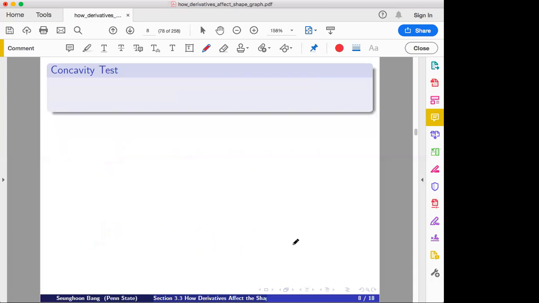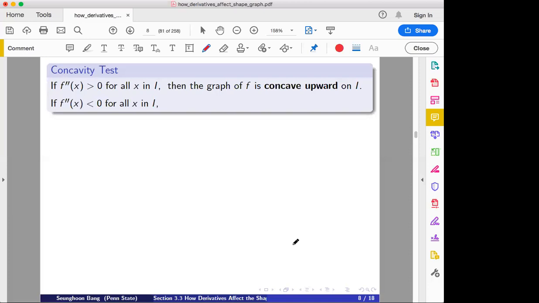So we have the concavity test. If the second derivative is positive for all x in interval I, the graph of f is concave upward on I. If the second derivative is less than 0 for all x in interval I, then the graph of f is concave downward on interval I. This is called the concavity test.